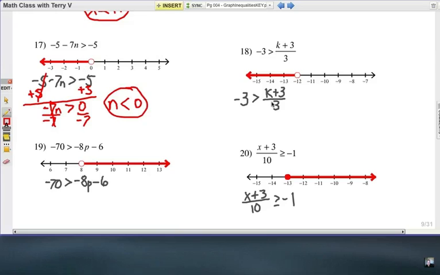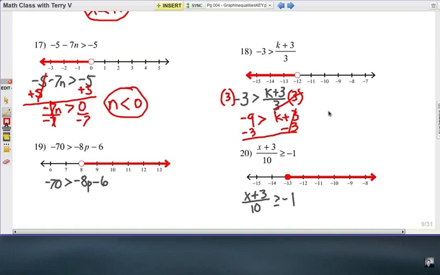All right, for number 18, you're going to multiply both sides by 3. It's a positive 3, so no symbol change there. Now we have negative 9 is greater than k plus 3. We subtract 3 from each side. Remember that subtraction does not change the inequality symbol.